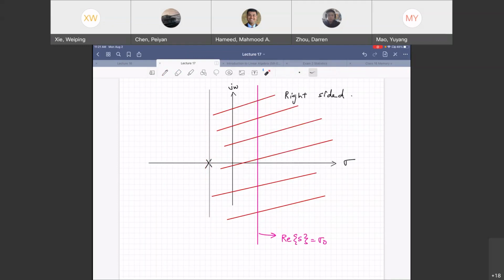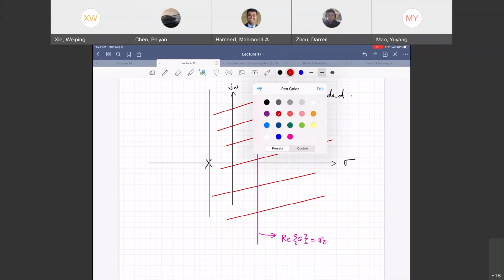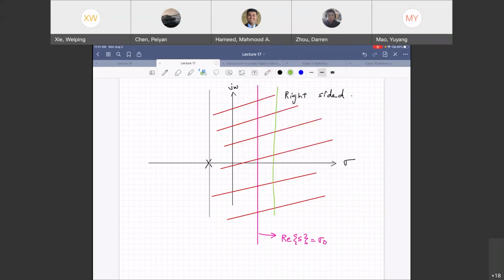Now, if I can pick another line, sigma 1, to the right of this, for example, here. This is real part of s equals sigma 1. Because sigma 1 is greater than sigma 0, which was in the ROC, sigma 1 also has to be in the ROC.